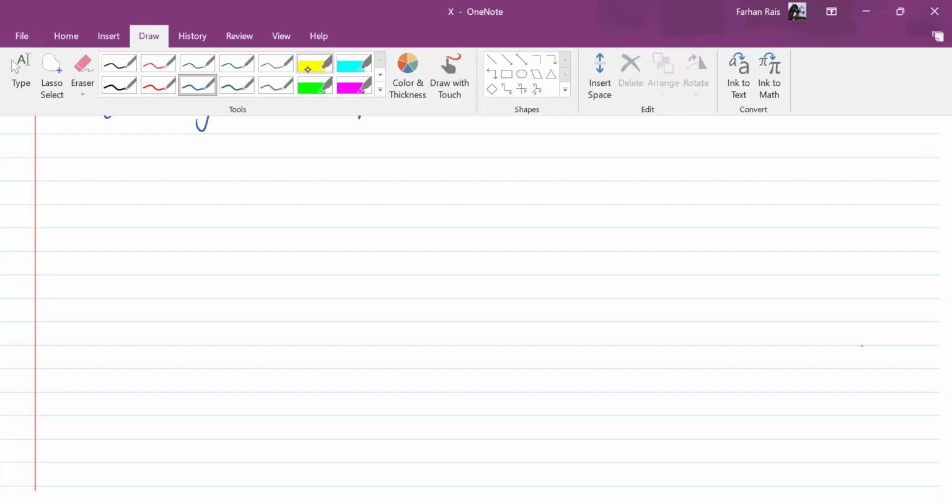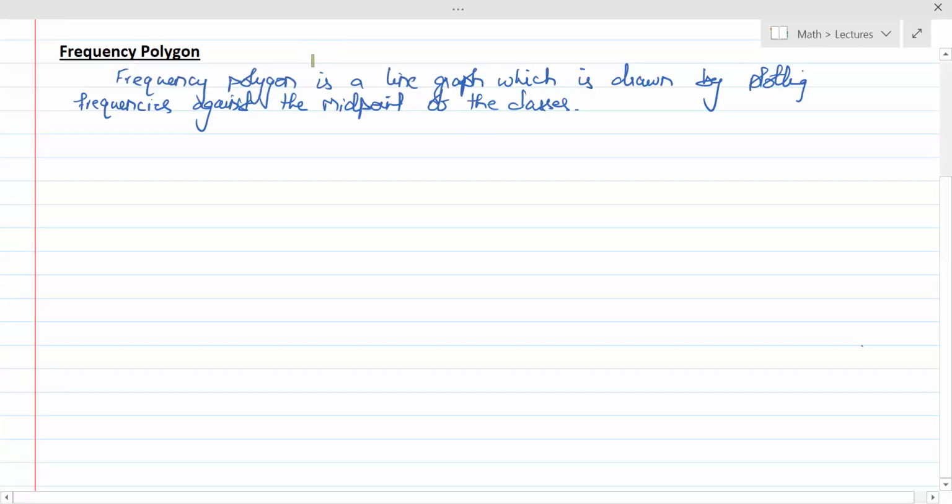So the underlined words here are drawn by plotting frequencies against the midpoint of the classes.